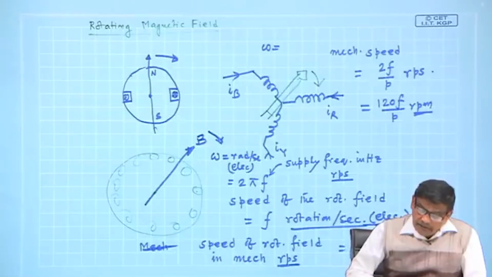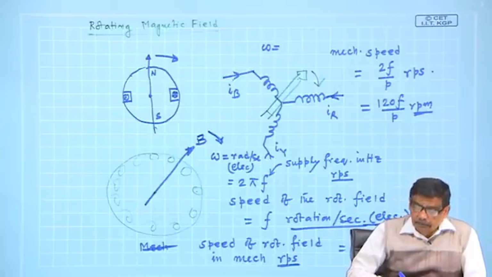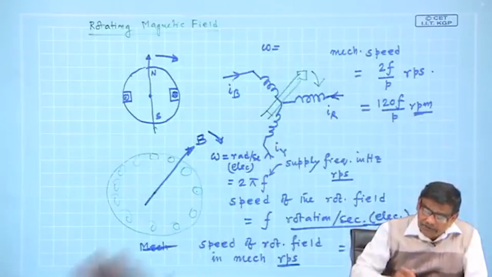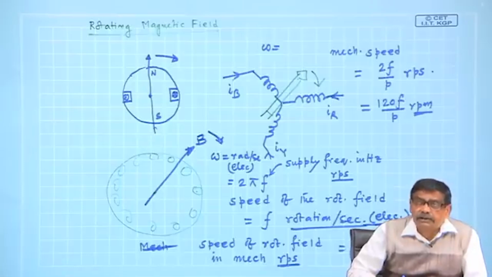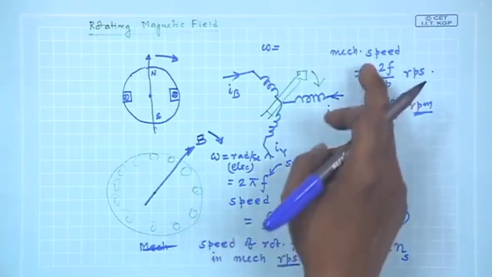Suppose you have a 2 pole winding, then the speed of the rotating field will be 50 RPS electrical. For a 2 pole machine, electrical and mechanical, no distinction, p equal to 2 cancels out. So, 50 RPS or 3000 RPM, multiplying with 60. Similarly, if it is a 4 pole machine, the electrical speed of the field in electrical rotations per second is f, but the mechanical speed for a 4 pole machine will be 25 RPS.